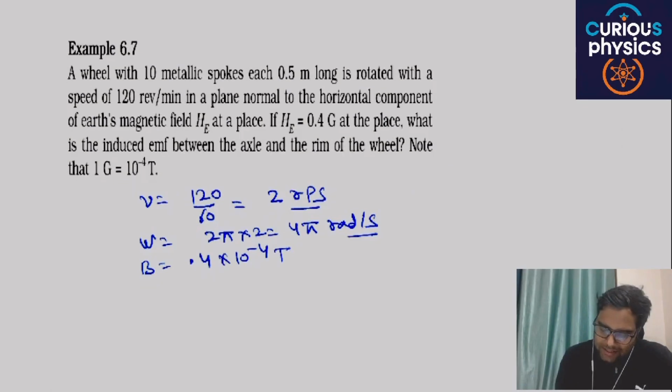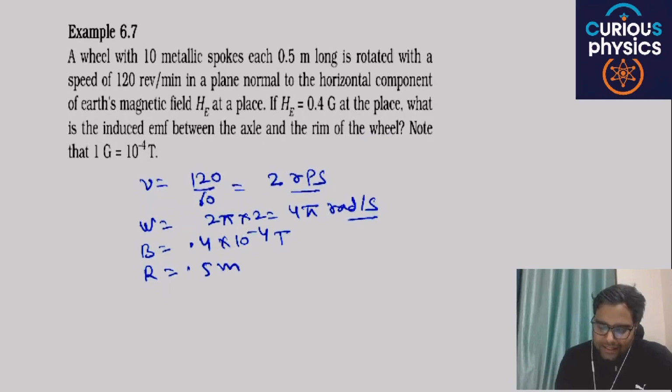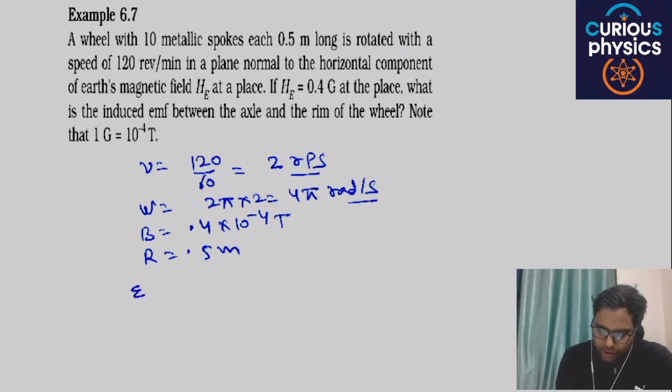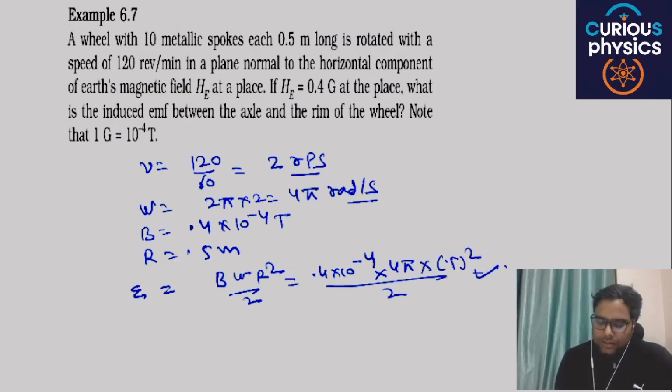The radius is 0.5 m. The induced EMF is B omega r square by 2, which is 0.4 into 10 raised to power minus 4, times 4 pi, times 0.5 whole square, divided by 2. You will get your answer.